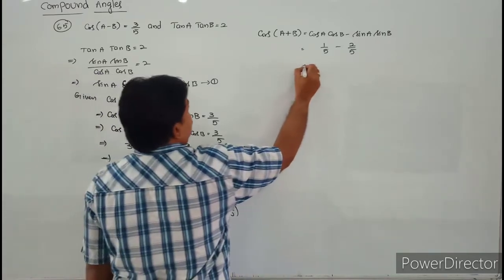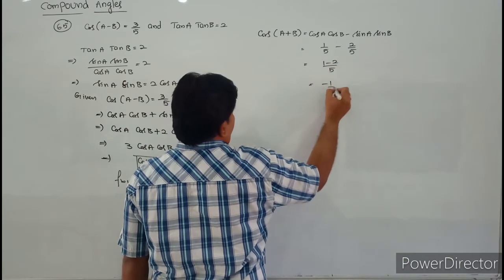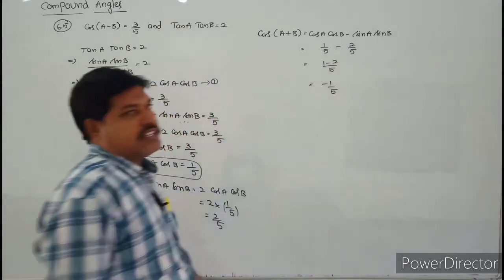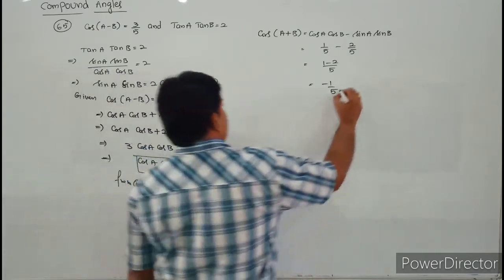Take the LCM, students. So we get 1 minus 2 by 5, which is equal to minus 1 by 5. Verify this one. Cos of A plus B equal to minus 1 by 5 is there. So this is the required answer.